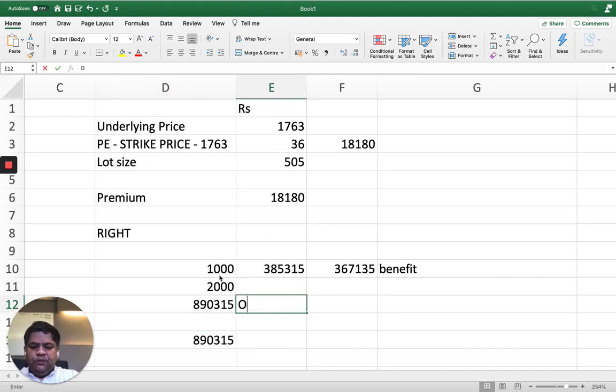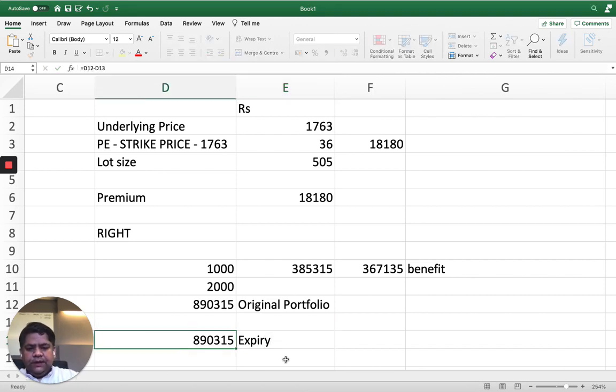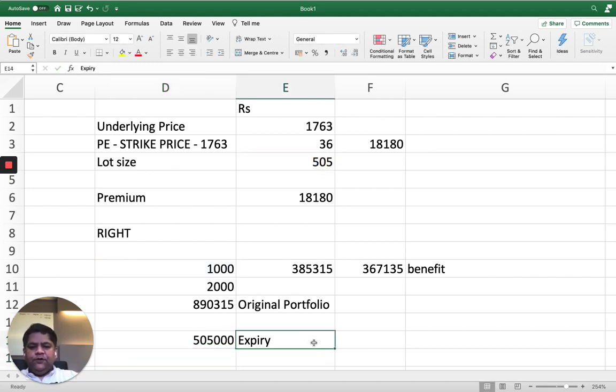Your original portfolio of Reliance is 8,90,000 rupees. Your expiry value is how much? 1,000 is the current price into 505. So your current expiry value of your portfolio is this much.